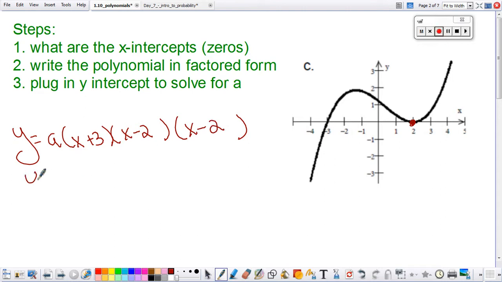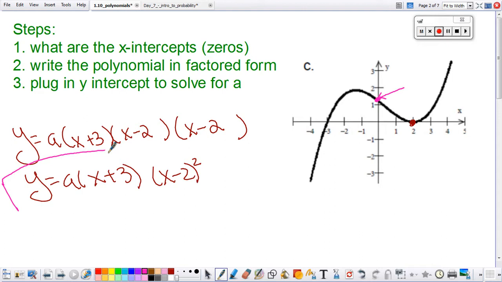For the x minus 2's, you could write that as x minus 2 squared. It's the same factor times itself for squared. Now to solve for A, this one's impossible. I cannot see the exact point and know that exact value. So because I don't know that exact value, I can't solve for A. This is going to be our final answer.